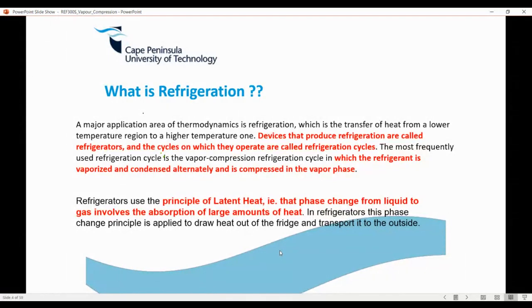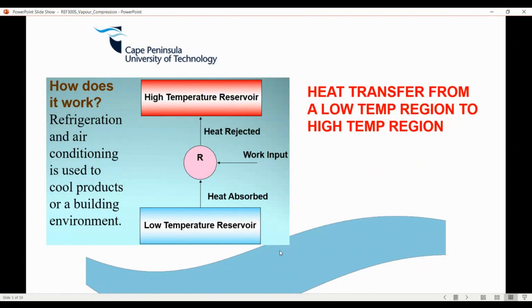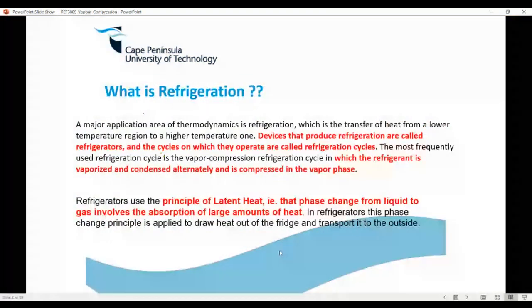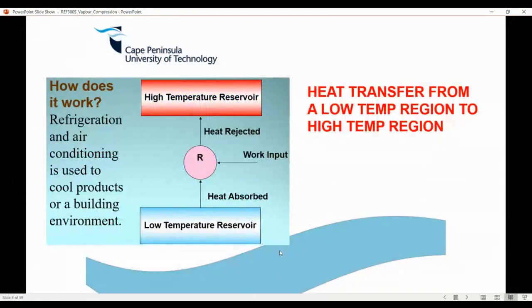So two things, right? We are taking heat from a low temperature to a high temperature, which I think is over here, right? Which explains that. Looking at this, if you remember, a heat engine works in reverse.